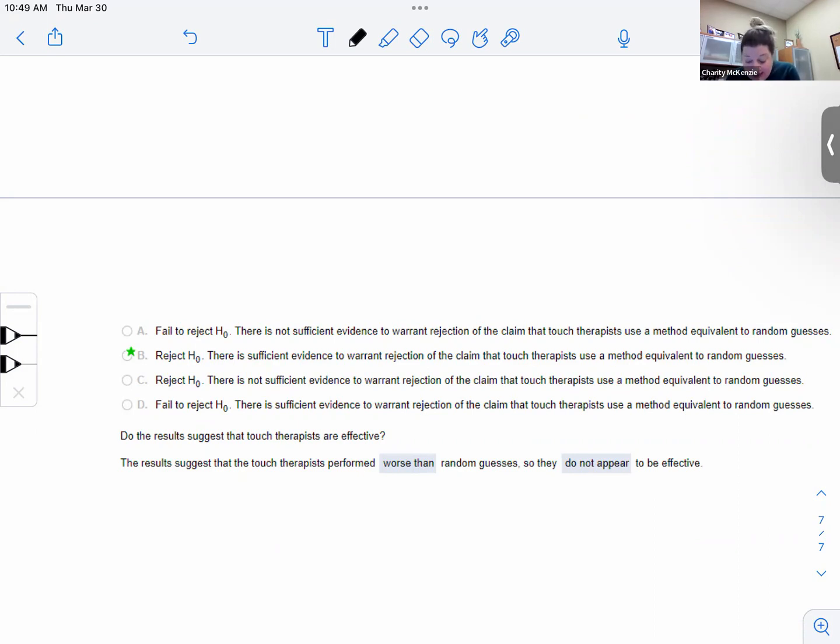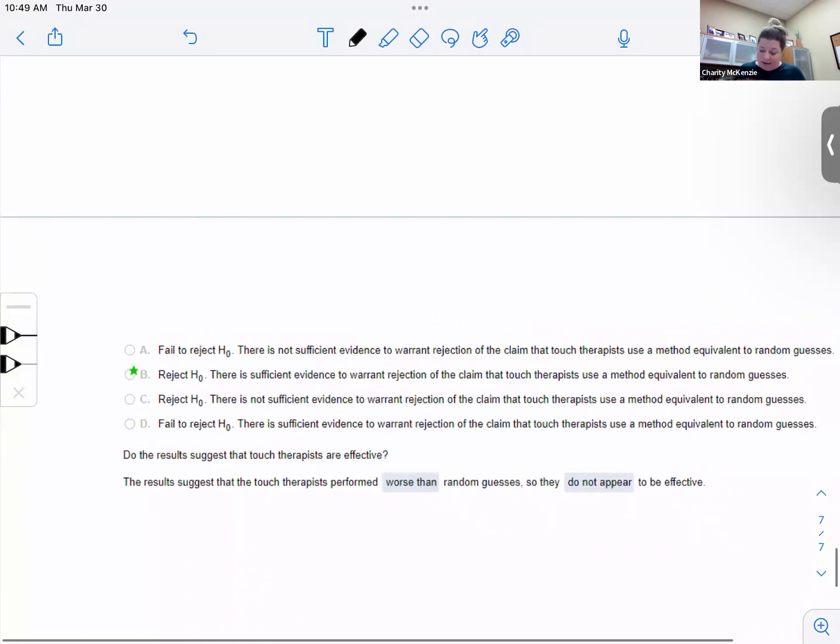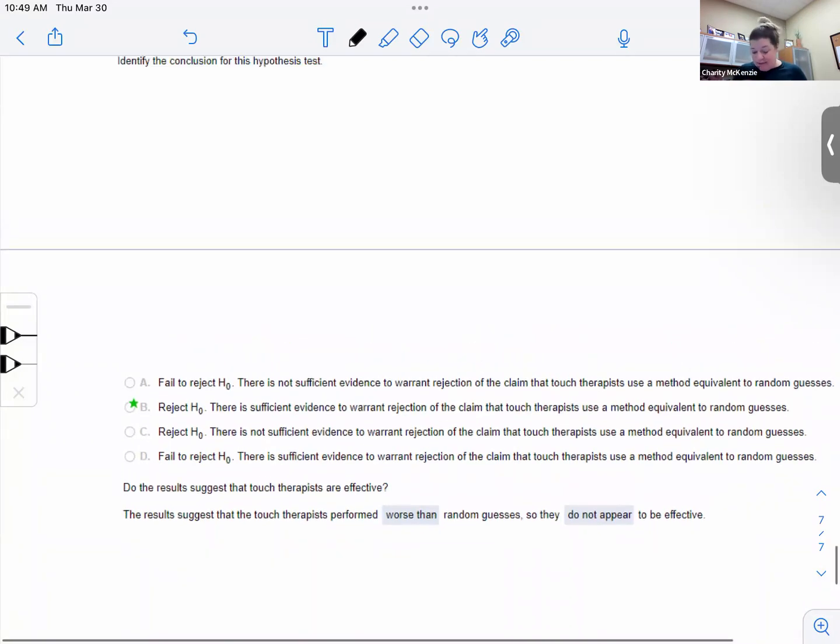So this one is, there is evidence warranting rejection of the claim that touch therapists use a method equivalent to random guesses. Whatever they talked about, we have that wording back in for if we reject the claim, whatever the claim is.